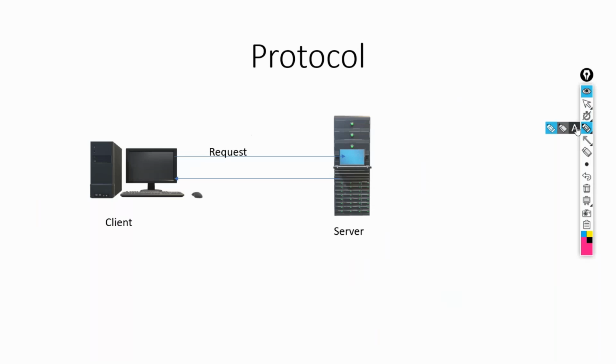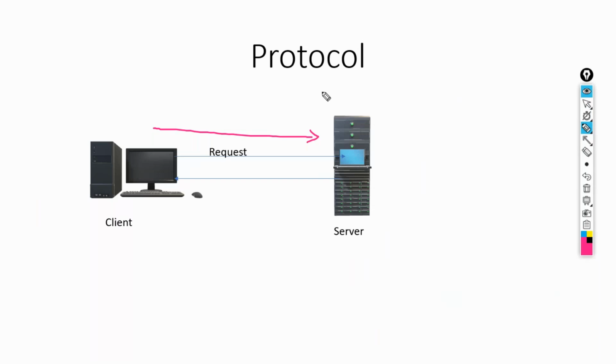When a client is sending a request to the server, in order to send the response, first it has to understand what the client is sending. So both should communicate in a common language. Like if two people are talking to each other, both should communicate in the same language to exchange communication.